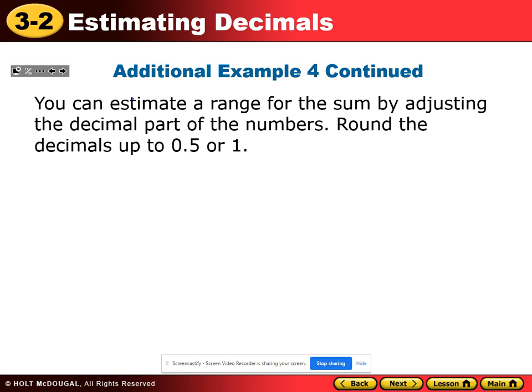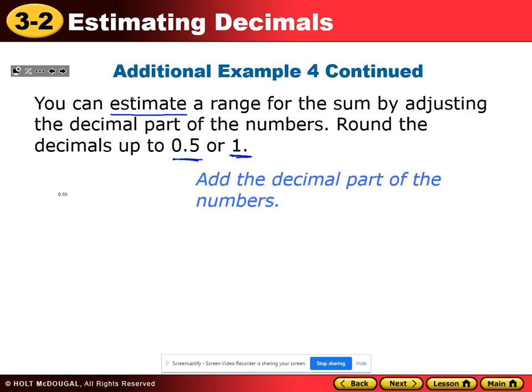You can also estimate a range for the sum by adjusting the decimal parts of the whole numbers. Round the decimals to 0.5, which is a half, or 1. So what does that mean? 0.86, that's pretty close.